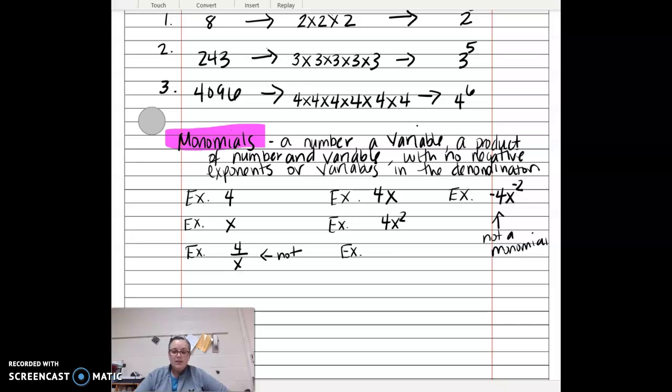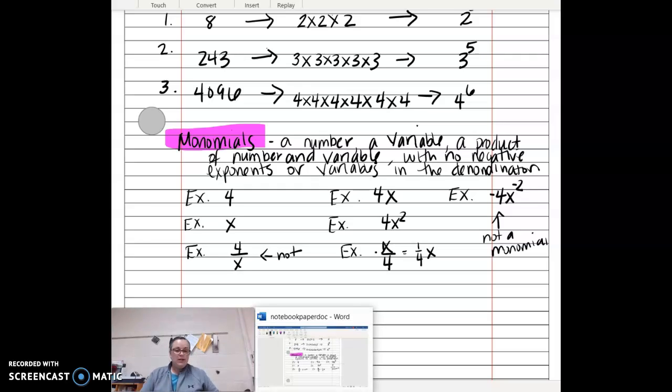If I gave us x over 4, this one is, because it's really 1/4 times x, so it's just a number times a variable, and that's okay. We can have the variable in the numerator, but not the denominator.